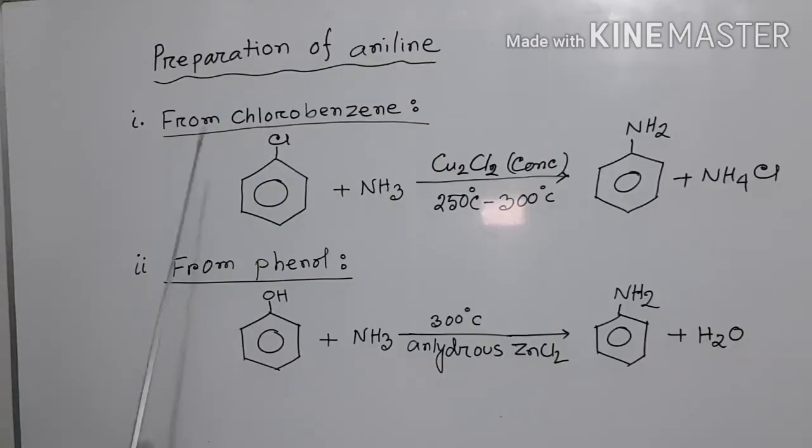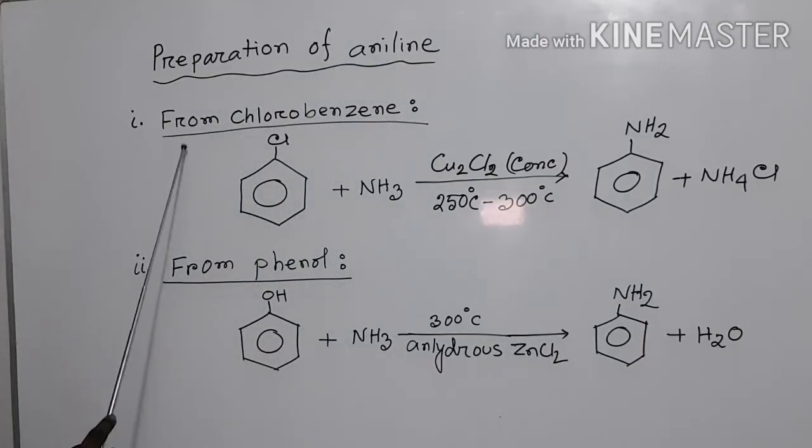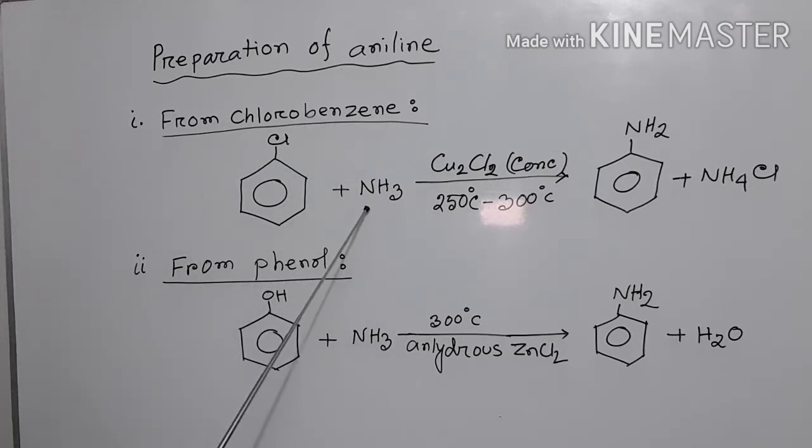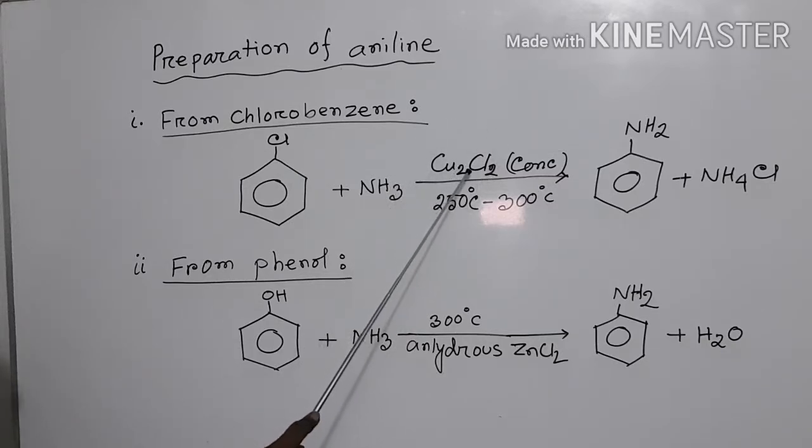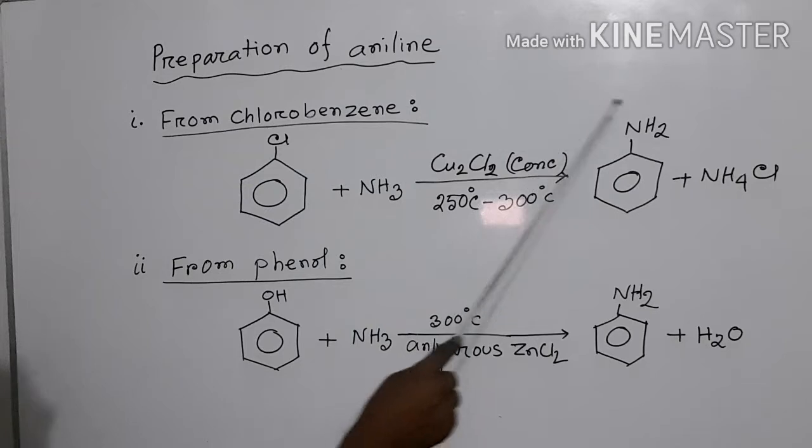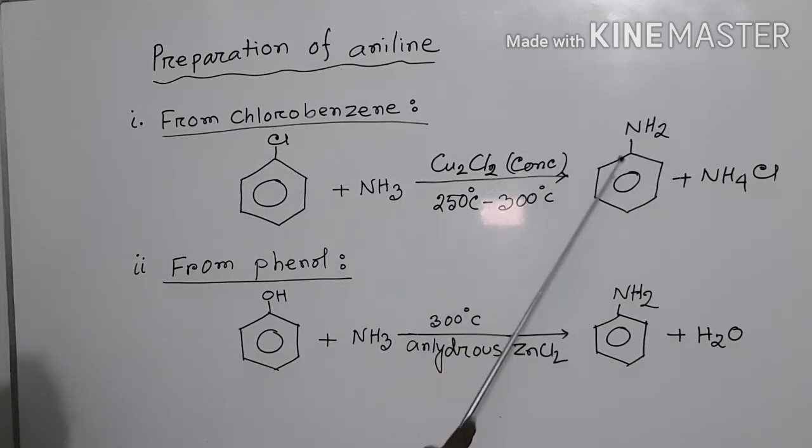Now we discuss the preparation of aniline. First, preparation of aniline from chlorobenzene. When ammonia reacts with gaseous chlorobenzene at 250 to 300 degrees centigrade temperature under high pressure and in the presence of cuprous chloride or cuprous oxide catalyst, this reaction produces aniline.